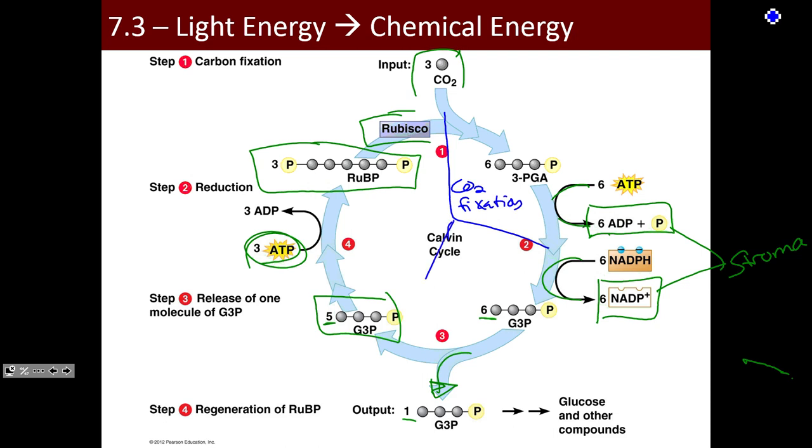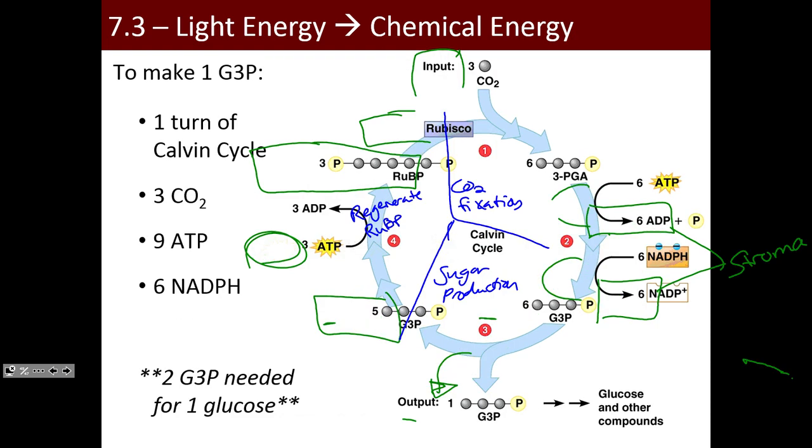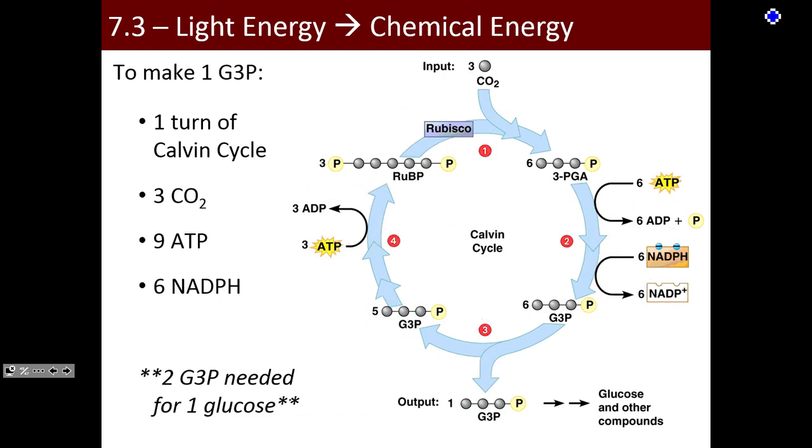Here we have our sugar production. And then up here we have our regeneration of our RUBP. Your diagram does it much better than I do, but those are our 3 steps. Okay. This one G3P then can exit and be our take-home product.